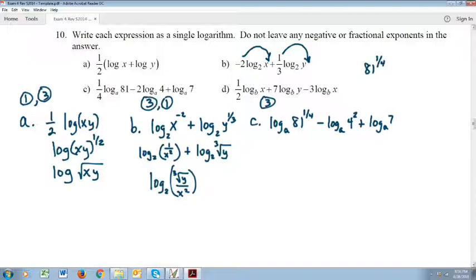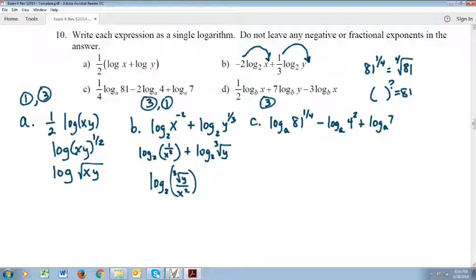Now 81 to the 1/4 power can be written as the 4th root of 81. And this actually can be simplified because we're basically looking for something that you take to the 4th power that gives you 81. Whoops, I messed that up.